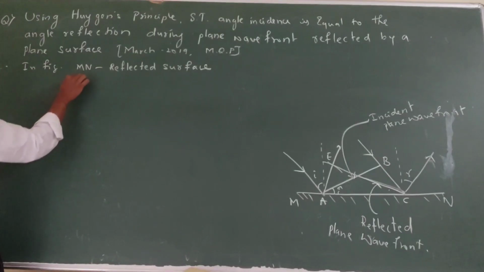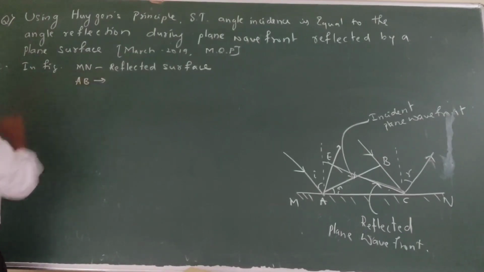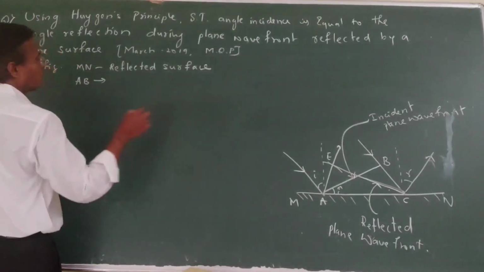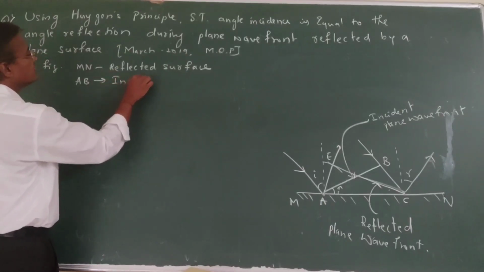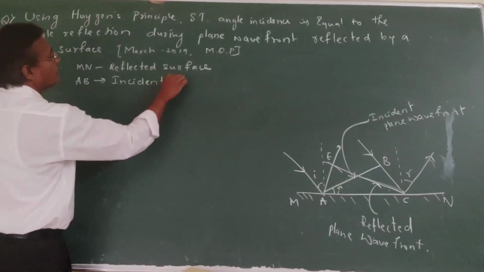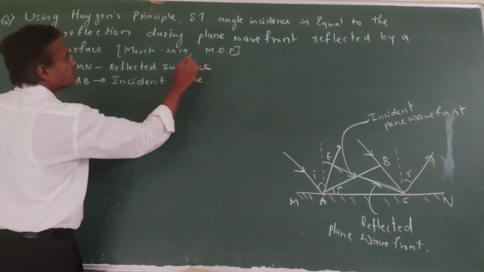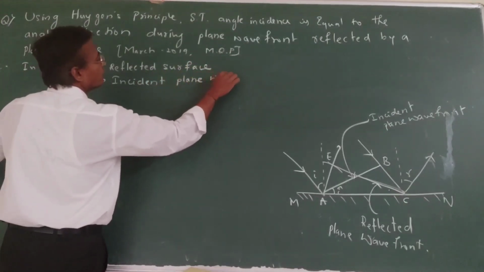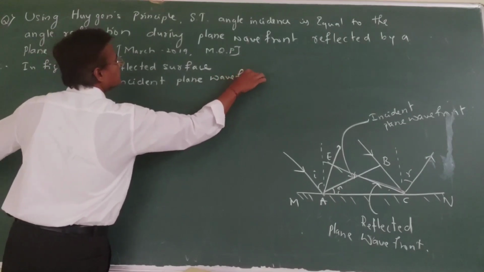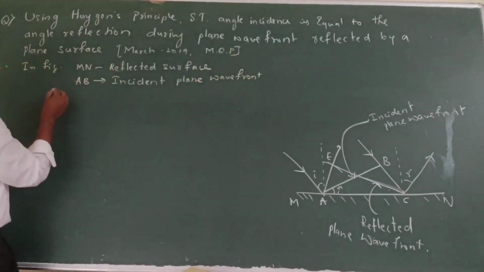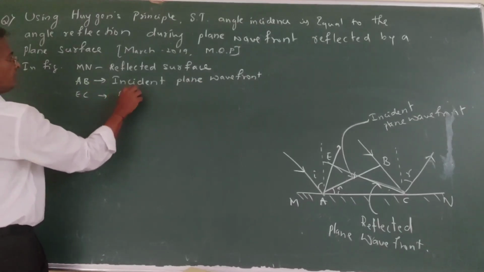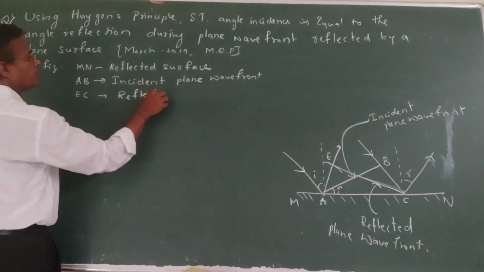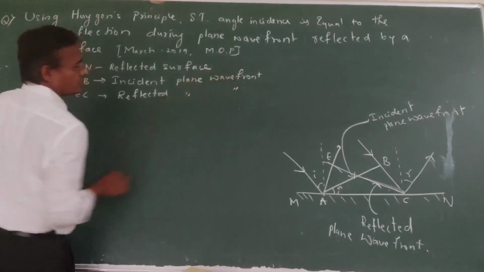AB is the incident plane wavefront, and EC is called the reflected plane wavefront.